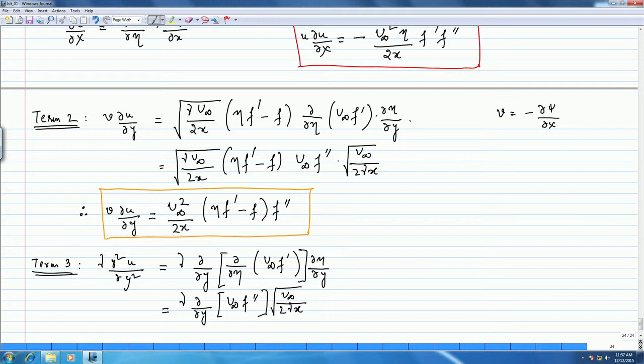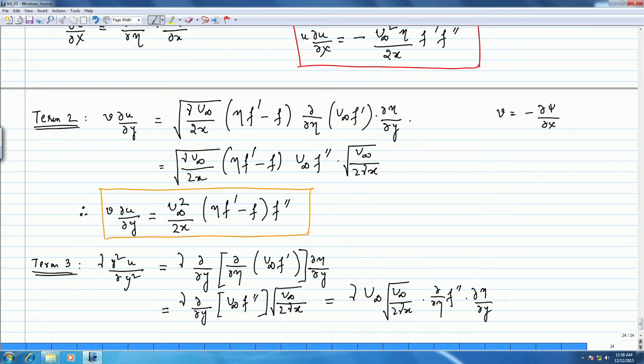Okay, then again this is equal to nu, I'll take the u infinity out, u infinity into u infinity by 2 nu x. So del y of f double dash, that is del eta of f double dash into del eta del y.